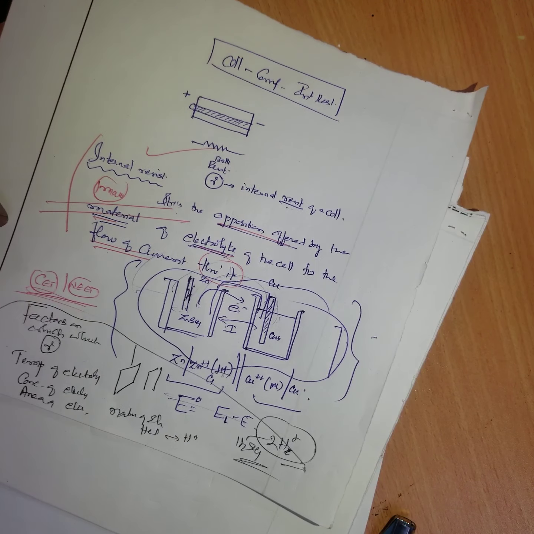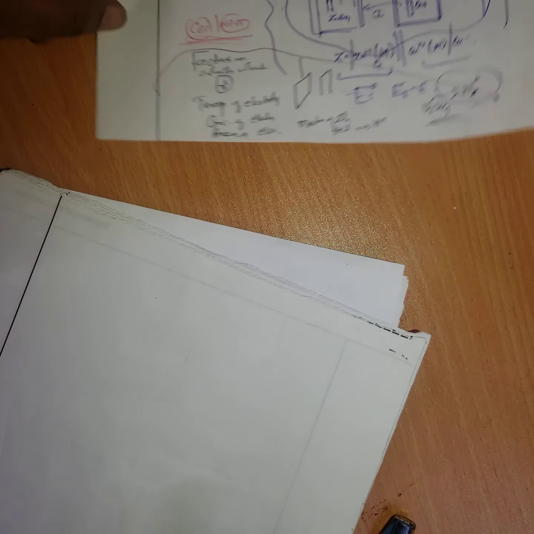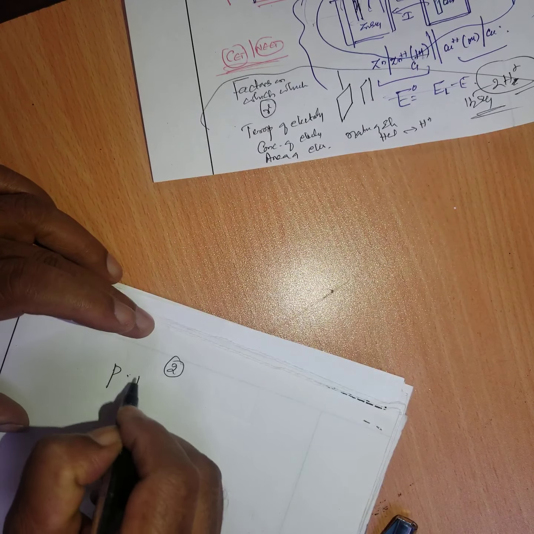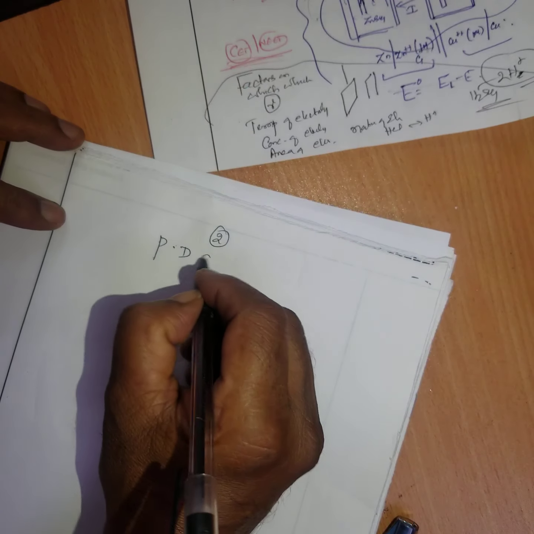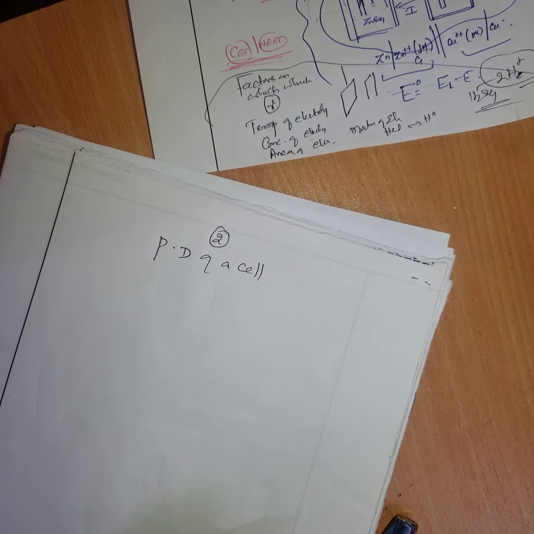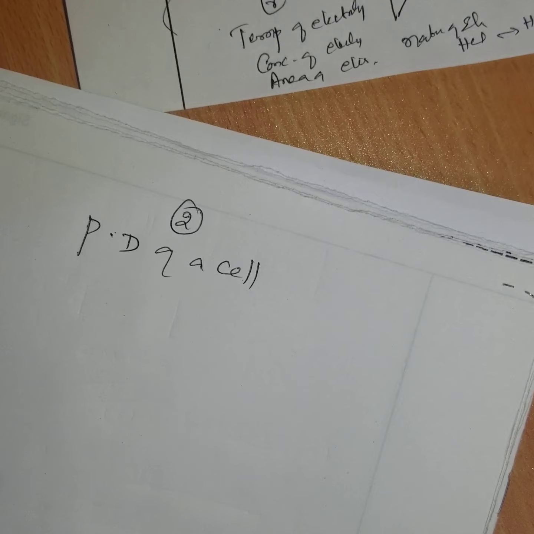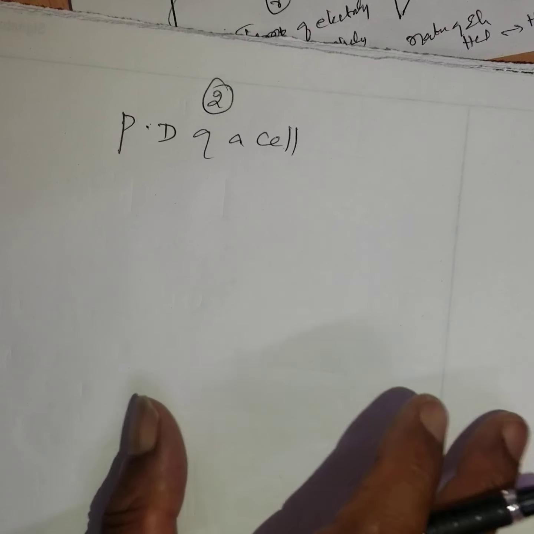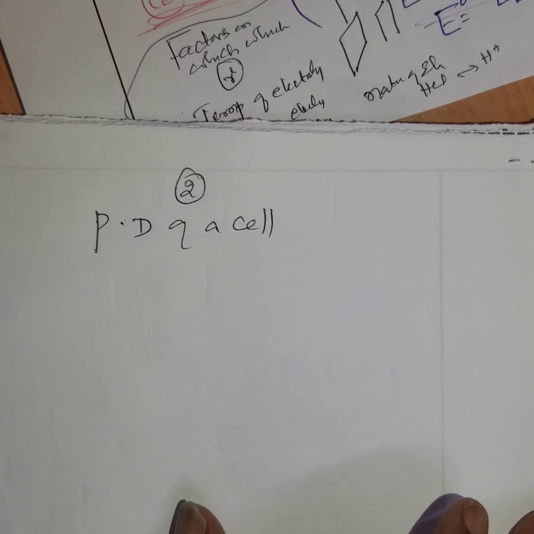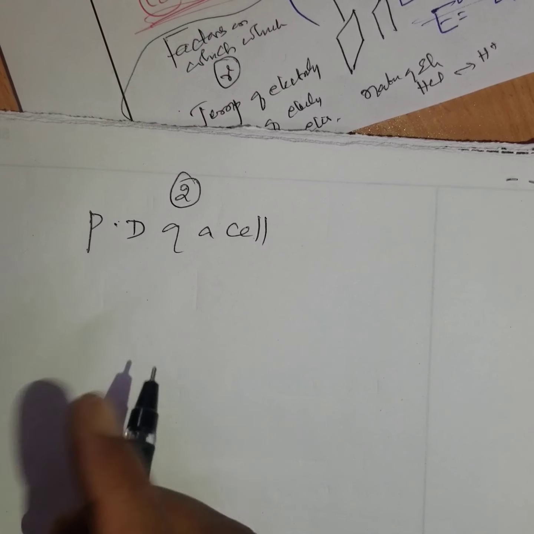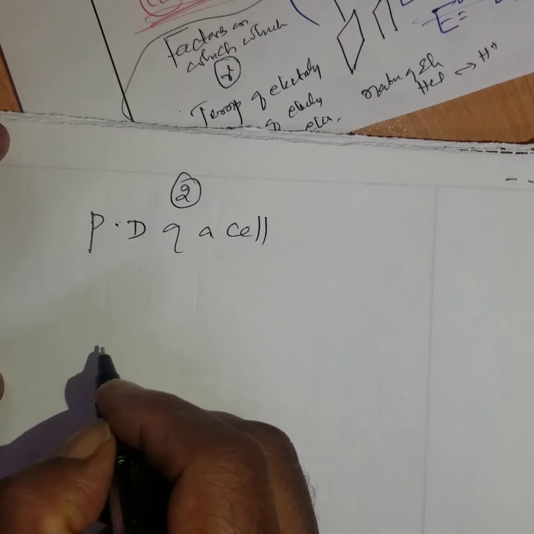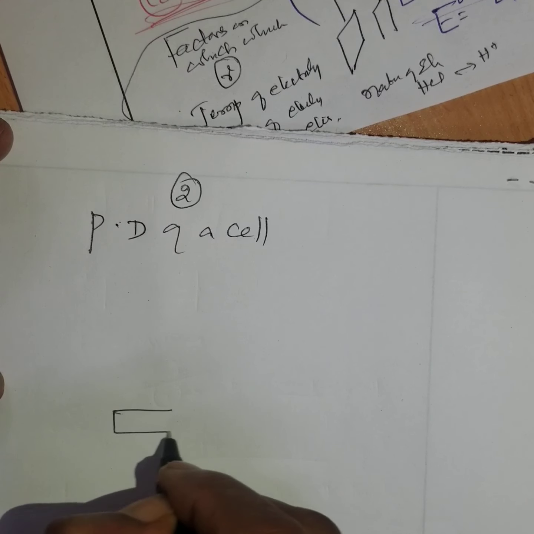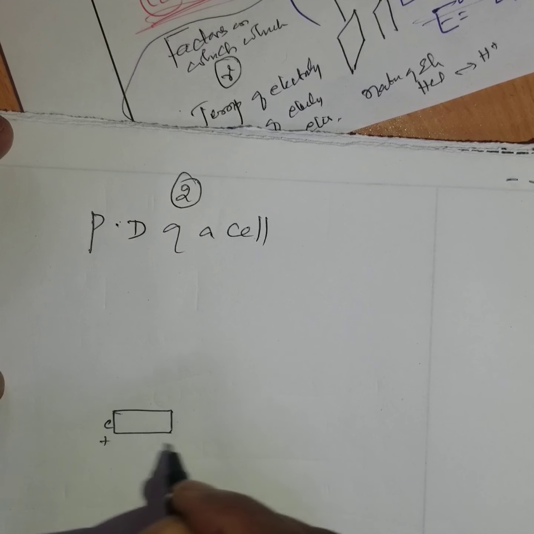Okay. Next, define potential difference of a cell. What do you mean by potential difference of a cell? There are two types of things. This is the battery you have taken, positive, negative.